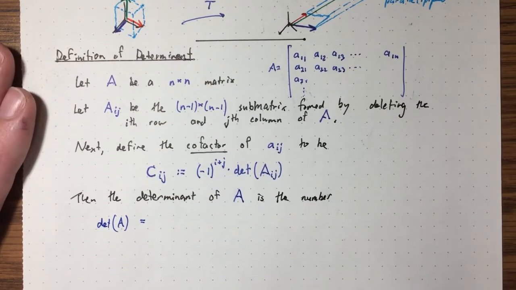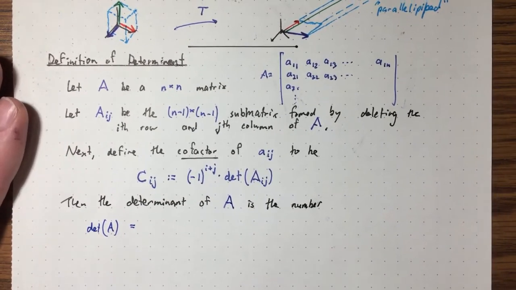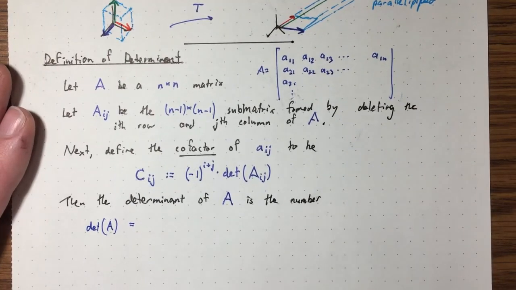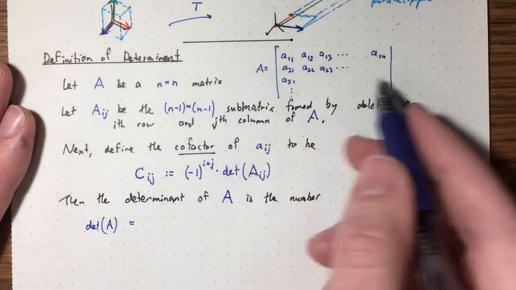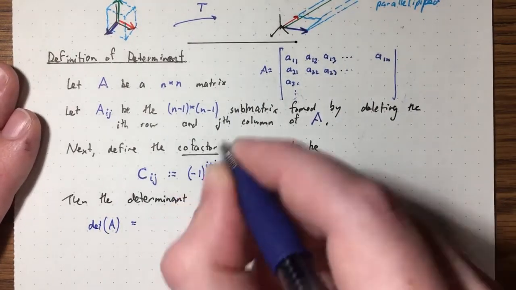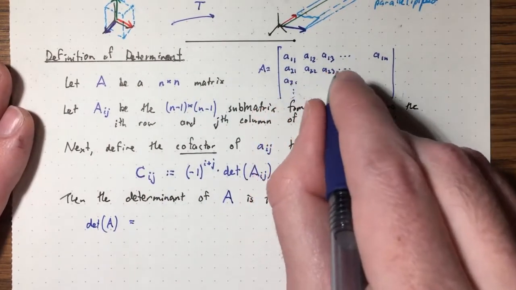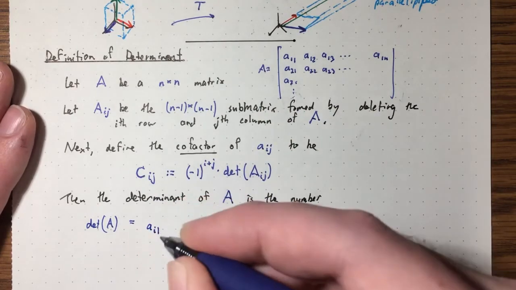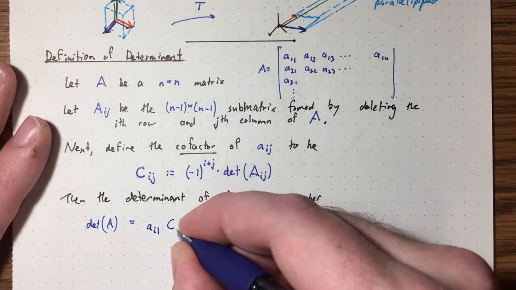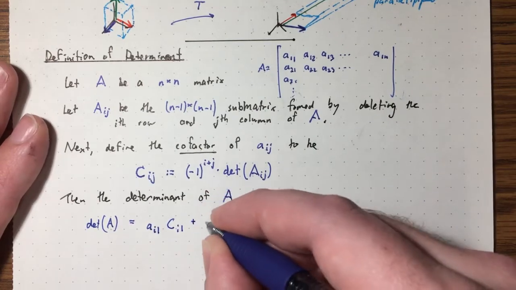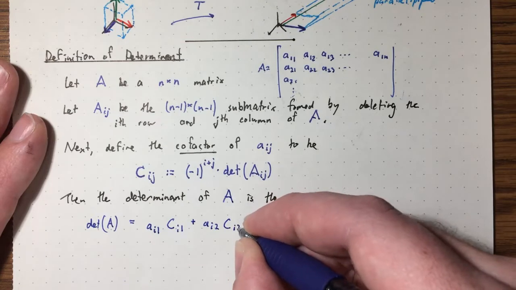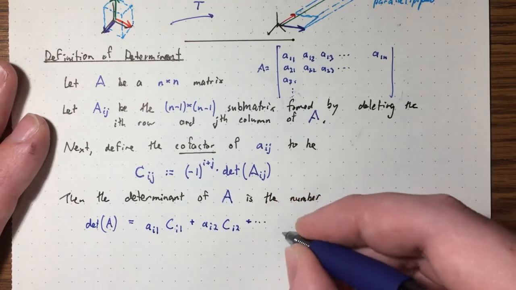The cool thing about this is you can pick any row you want or any column you want. So let's pick the ith row. Pick row i, and then we go across that row. We just look at all these ai's. So we do ai1 times its cofactor plus ai2 times its cofactor. And again, I'm going to do an example, and this is going to make much more sense.